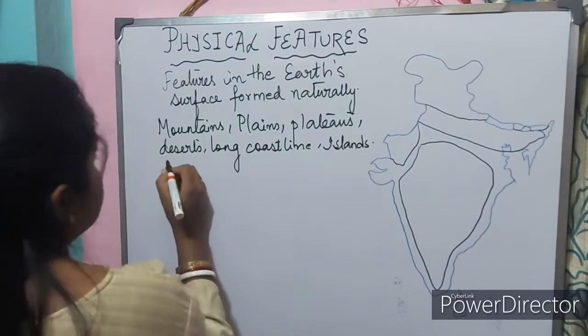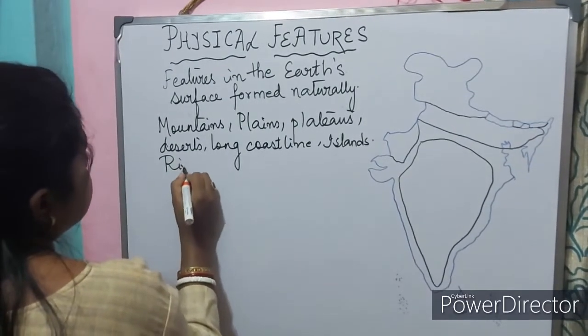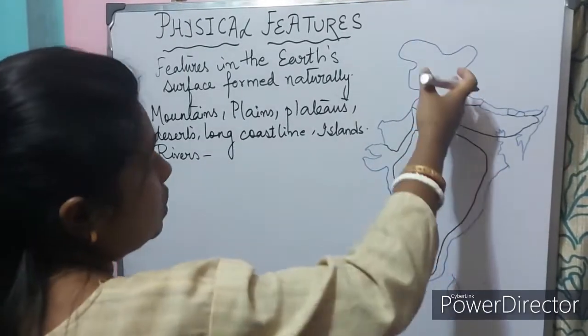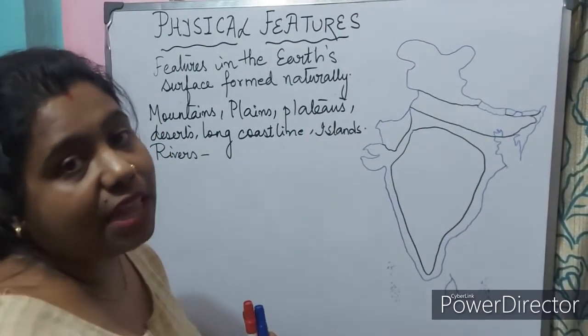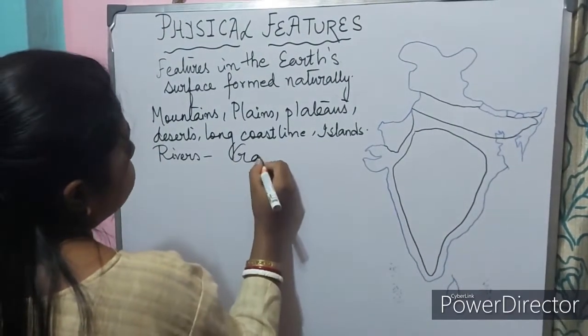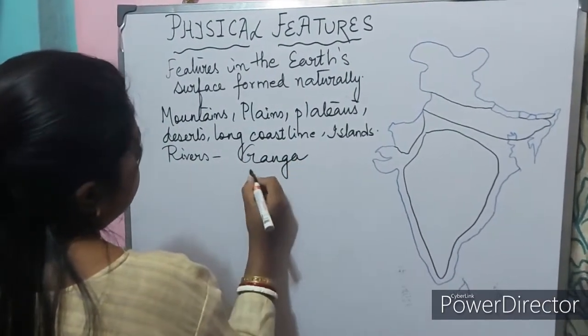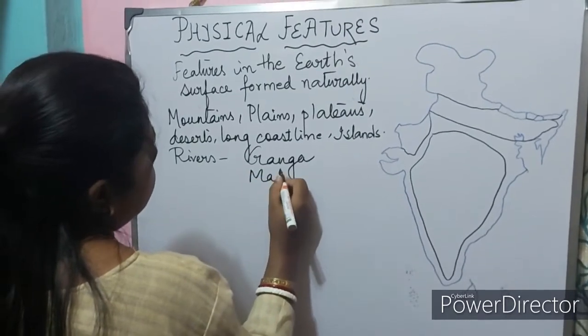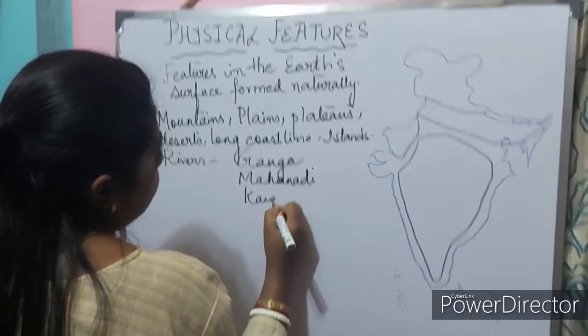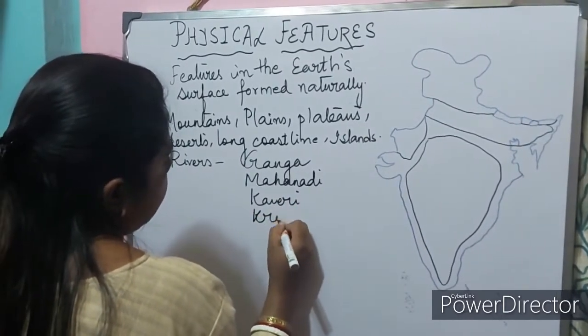Also we can see different rivers which rise from the mountains. There can be seasonal rivers and there can be perennial rivers, right? Like Ganga, Mahanadi, Kaveri, Krishna.